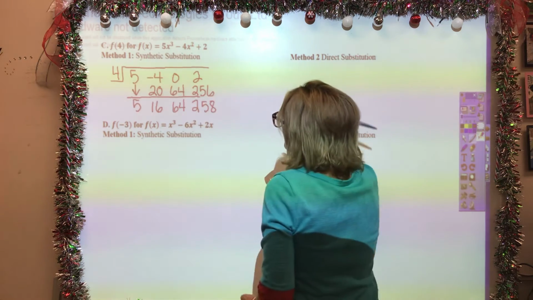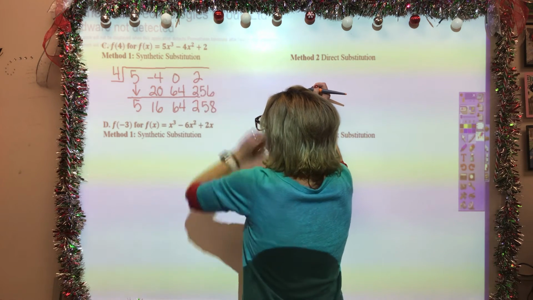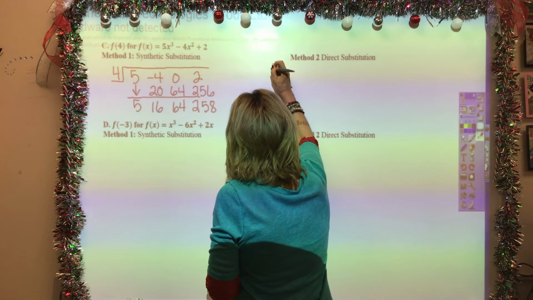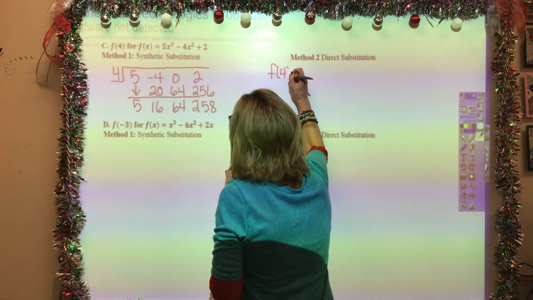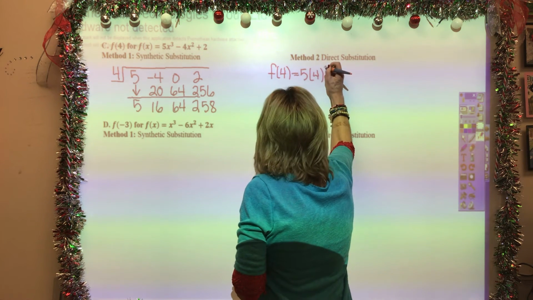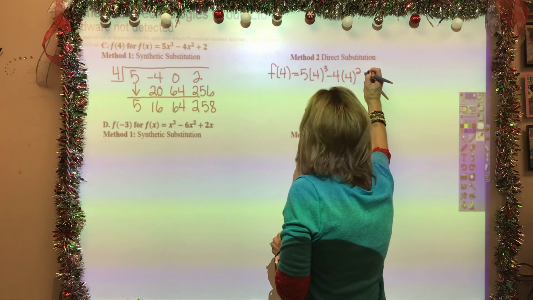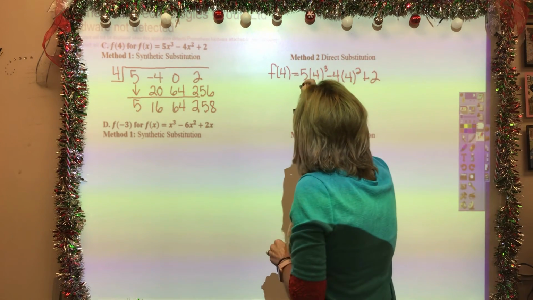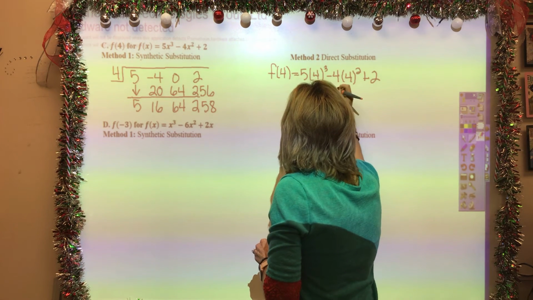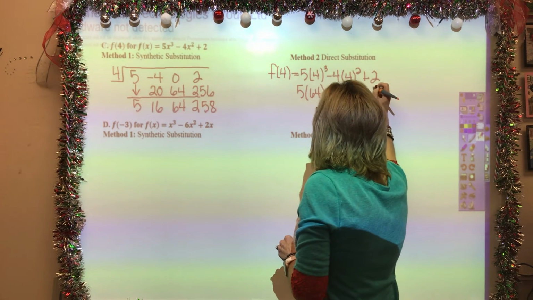Now when we plug in using direct substitution, we don't have to fill in a 0 for the missing term. We just plug it in and we should end up with 258. So we do f of 4 equals 5 times 4 cubed minus 4 times 4 squared plus 2, 5 times 64 minus 4 times 16 plus 2.